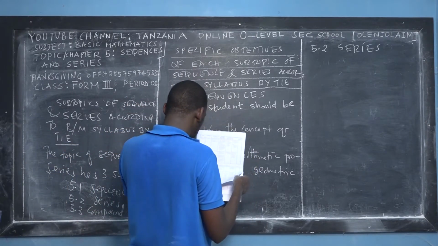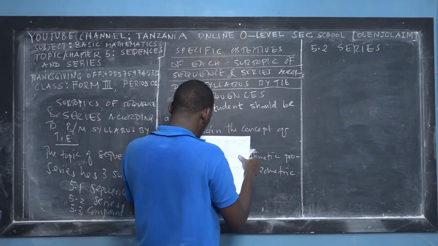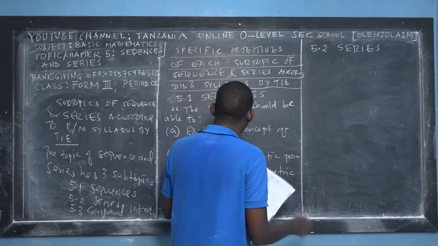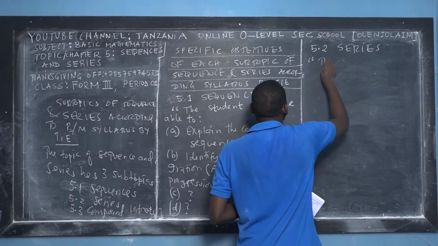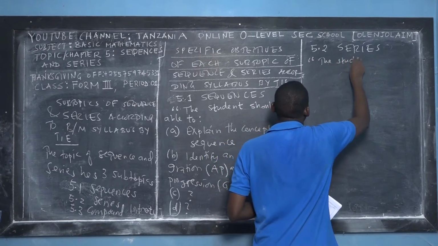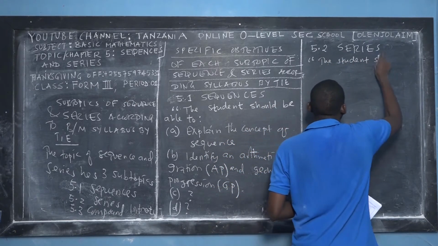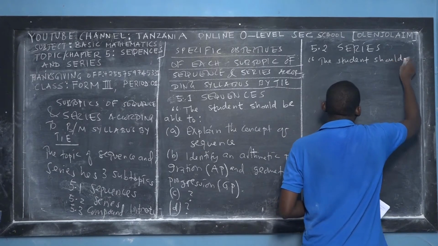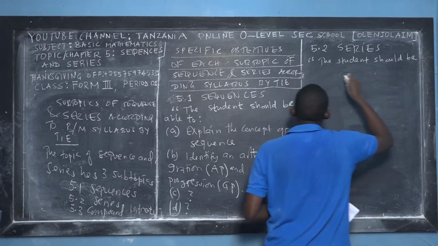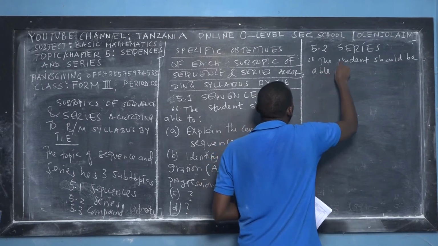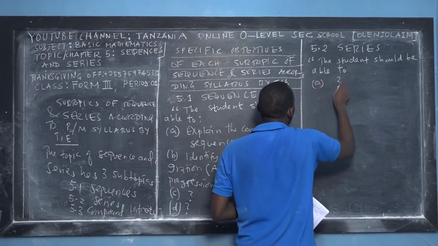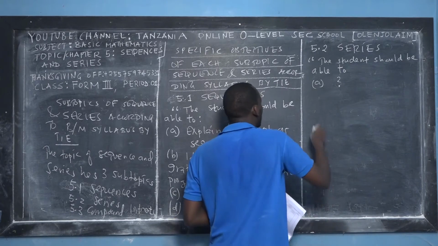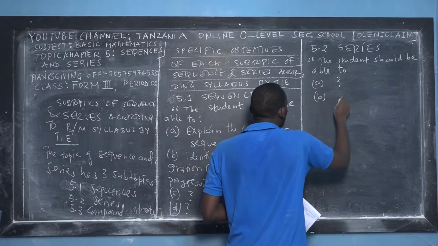I'd like to make a quote, and I'll mention two, so for the rest you should have the book. According to this, the Form Three student should be able to, A, get the first specific objective from the syllabus book.